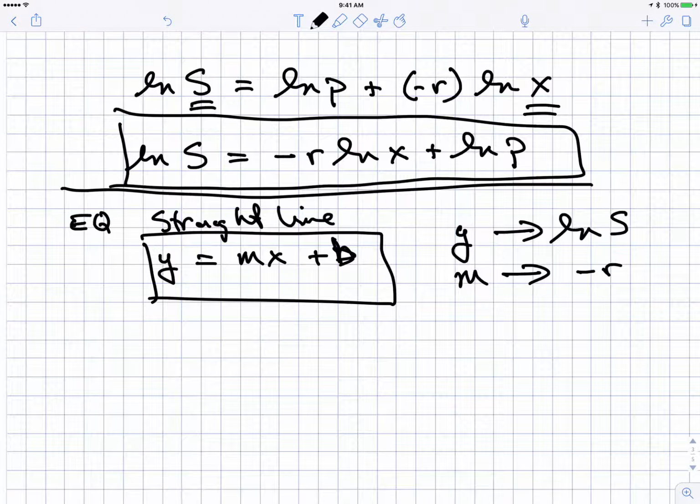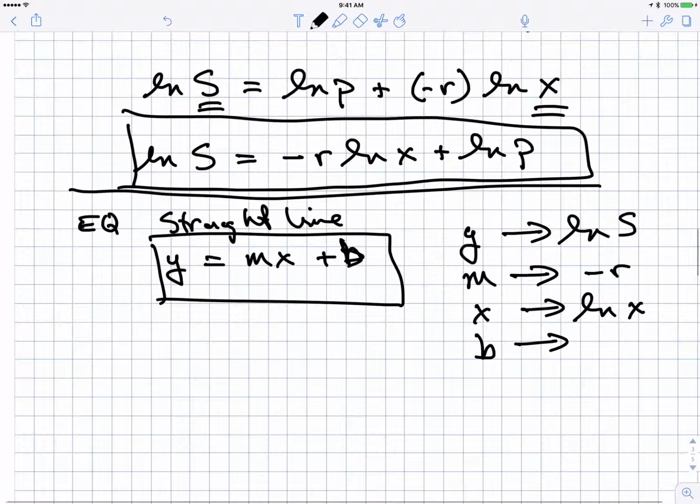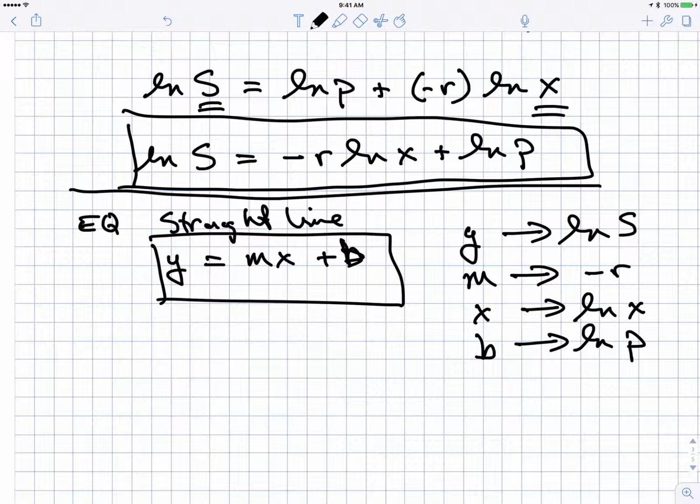And I can say that x is equal to the natural log of x, and b is equal to the natural log of p. So I can relate our standard equation for a straight line to this equation we have here. So essentially we now have an equation of a straight line that if we plotted this equation with the appropriate axes, it would look as a straight line.